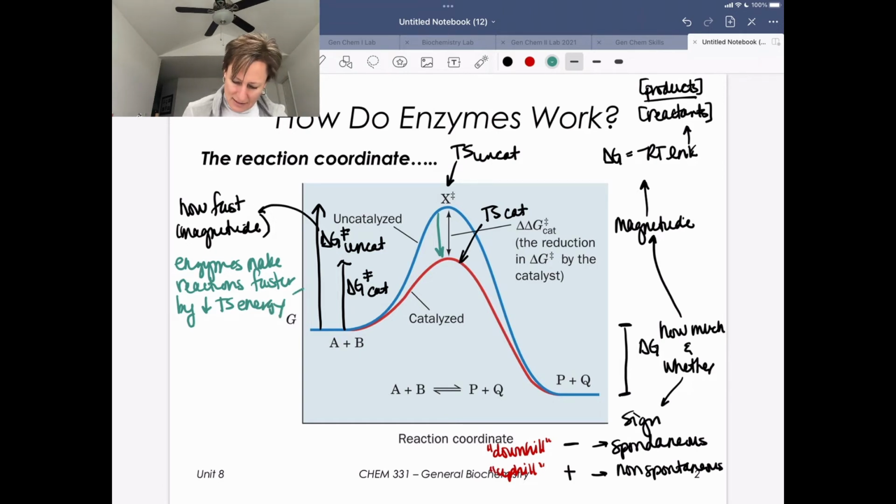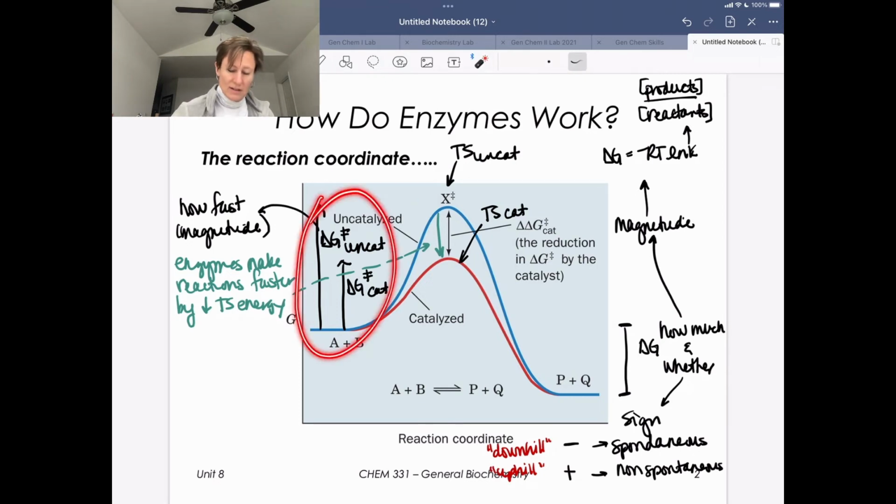We can see that here. We decrease the transition state energy, and that's reflected in a smaller delta G double dagger, and that means that our reaction is faster.